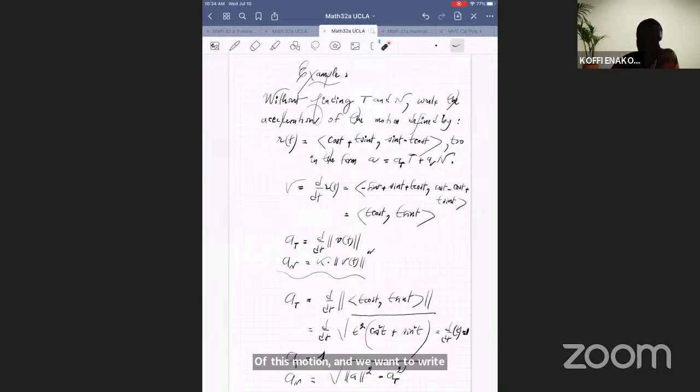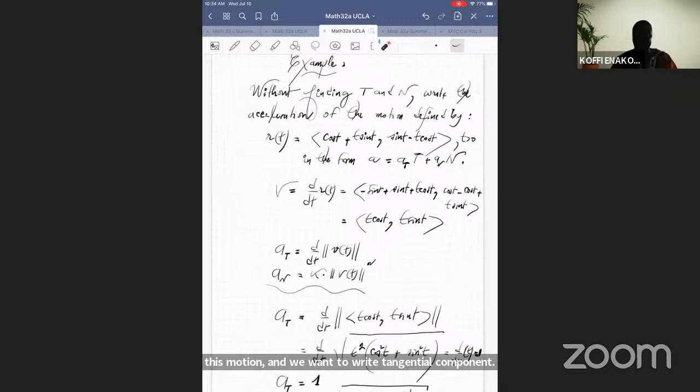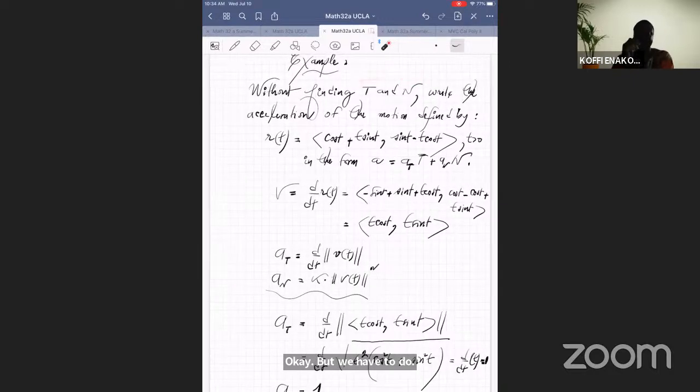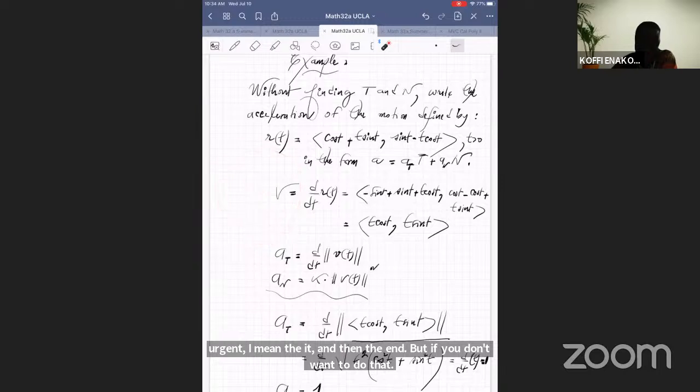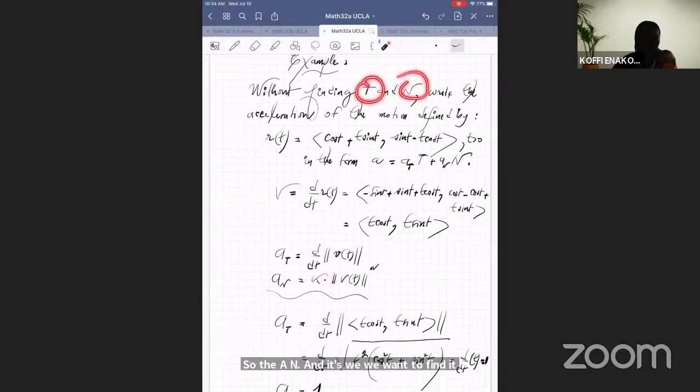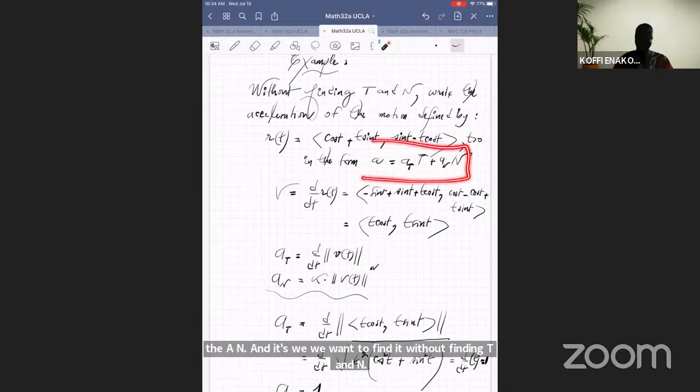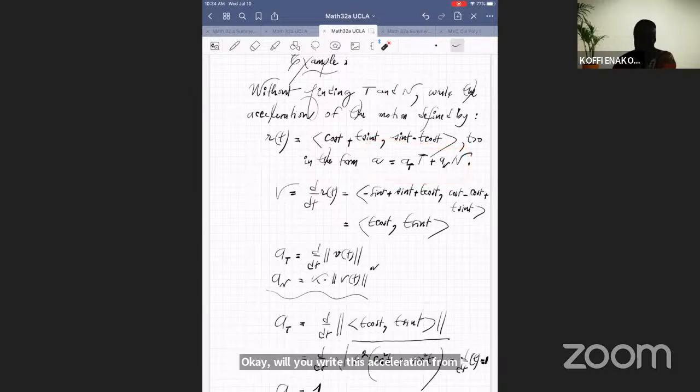But we have to do it without finding T and N. If you find T and N, you can use them to find A_T and then A_N, but here we want to find A_N and A_T without finding T and N. Okay, so let's see how.